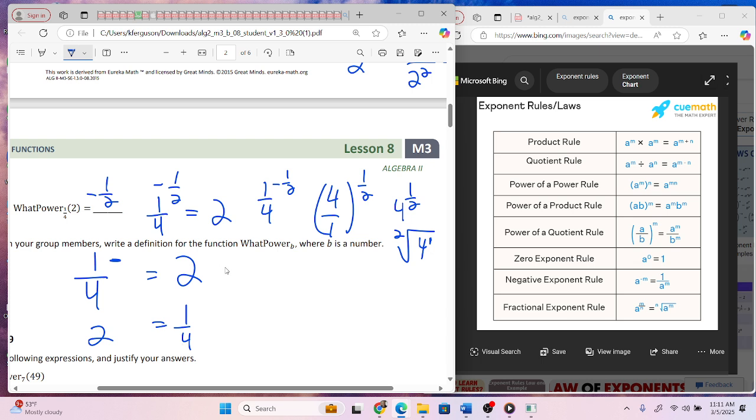What do I do to my exponent if it's going down? I need a fractional exponent because that's the square root of 4. How do I write the square root as exponents? That's 4 to the 1/2. But my 4 is on the bottom. I need to change position, so it's going to be the -1/2. Negative changes position.